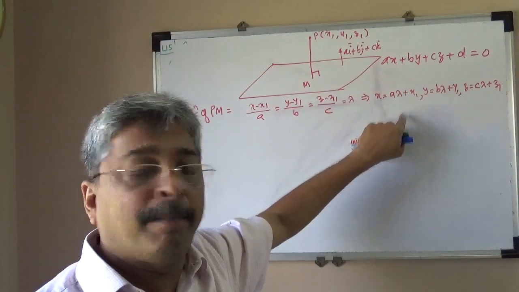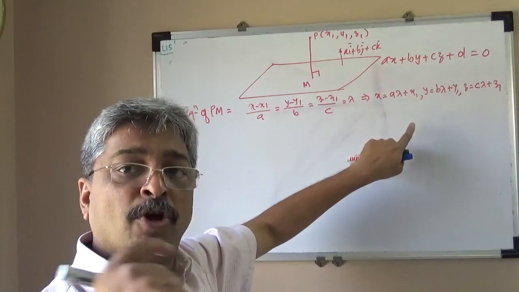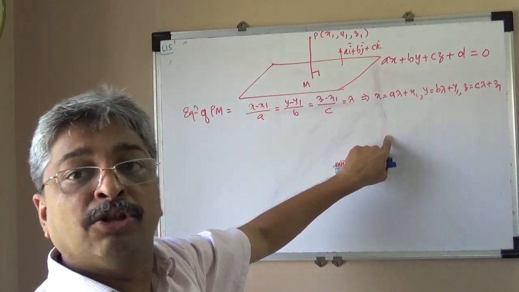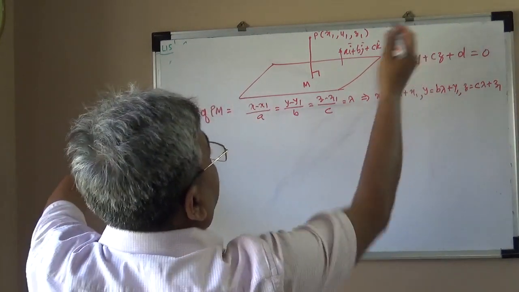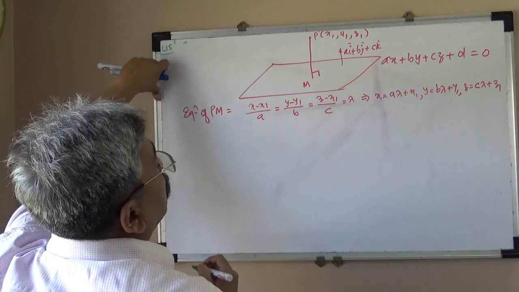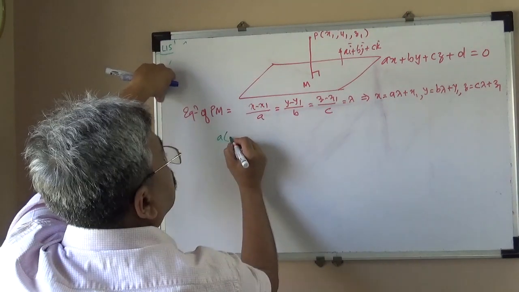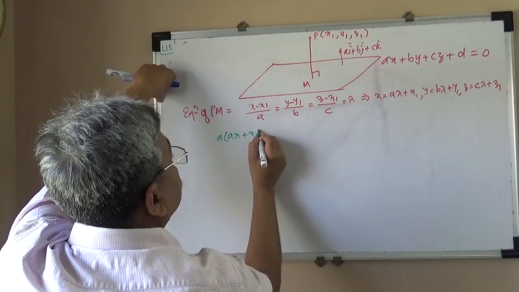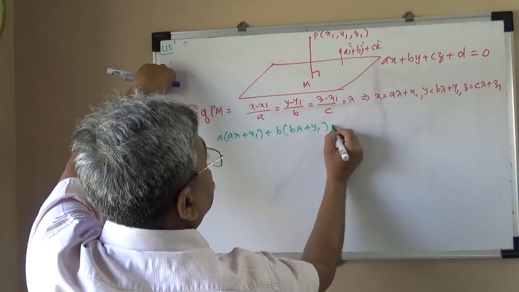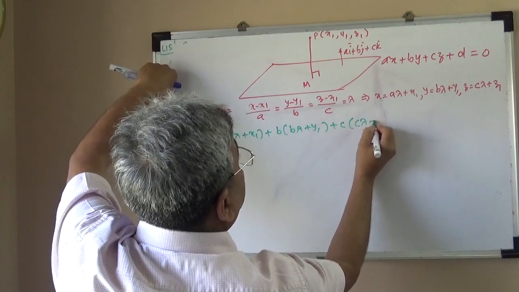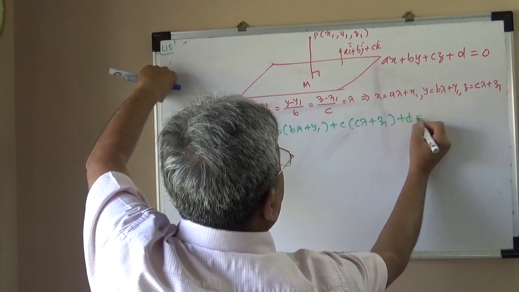If we substitute back, we should get the value of lambda, for which the point on the line is also a point on the plane. So we get A times (A lambda plus x1) plus B times (B lambda plus y1) plus C times (C lambda plus z1) plus D equals 0.